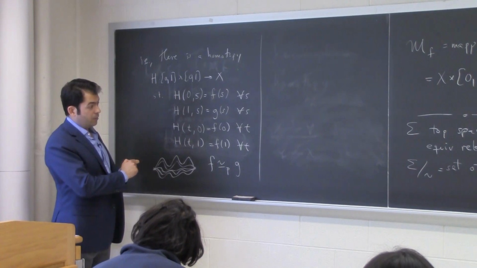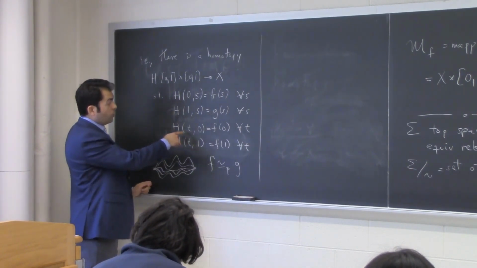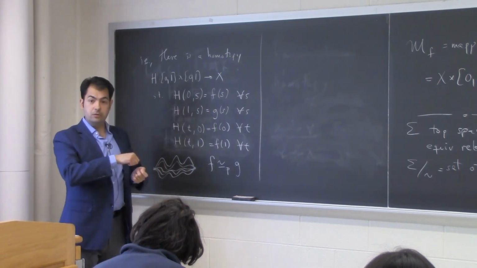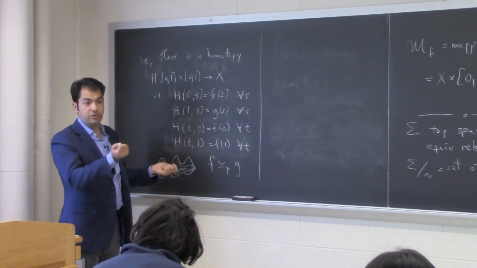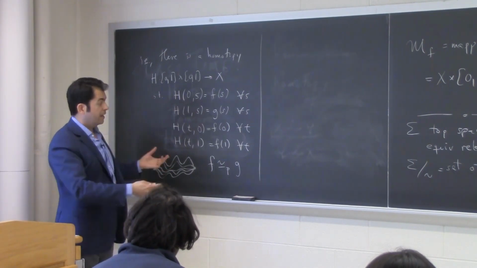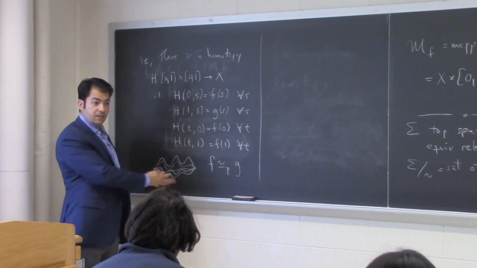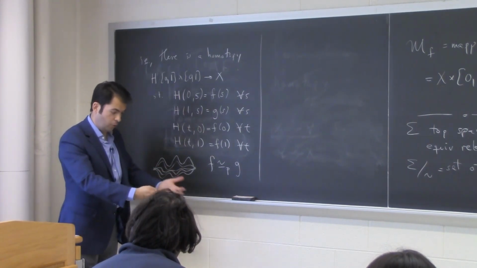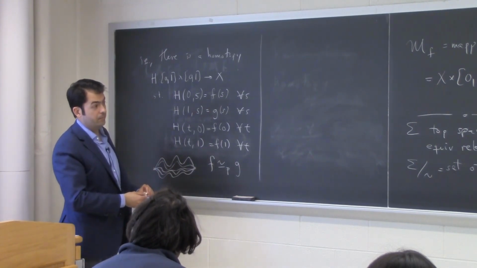Remember, reparameterization is just changing the way you go over the interval. Like maybe you decide to go very quickly from 0 to 1/2 and then very slowly from 1/2 to 1. But you're tracing out the same path. So we don't want that to count as something different if we're just trying to figure out if there are holes in our space. And path homotopy does that for us.